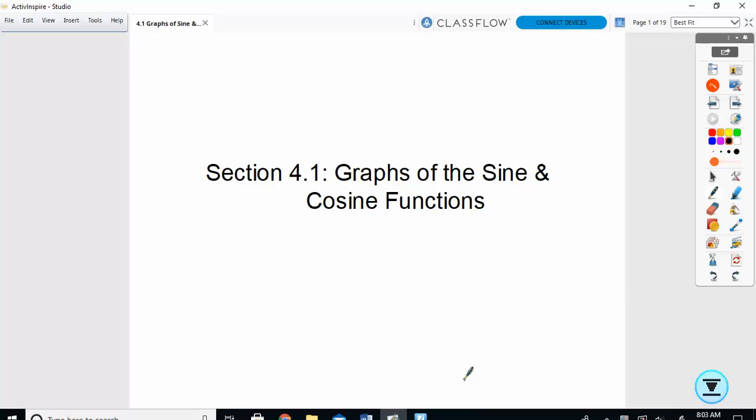Now, in general, we have graphed tons of things, not in trig, but in algebra. You know, we've graphed parabolas and cubics and square roots and all of those things. And anytime you start graphing, if you don't know what the graph is going to look like, what do we end up making?